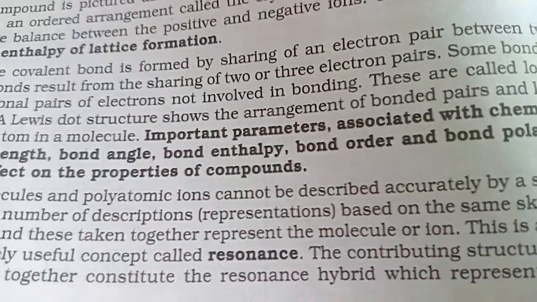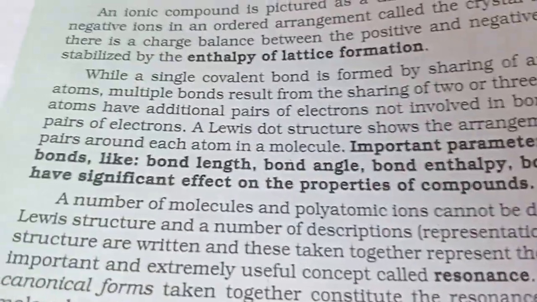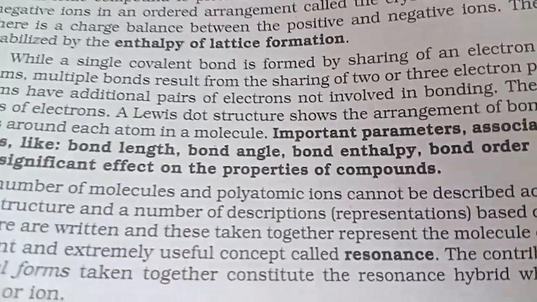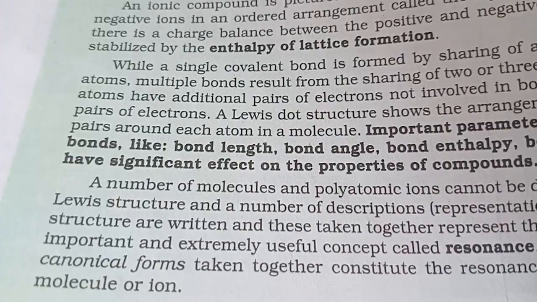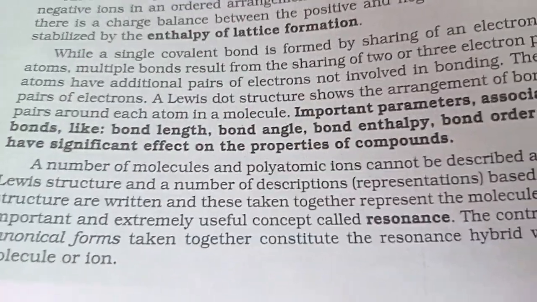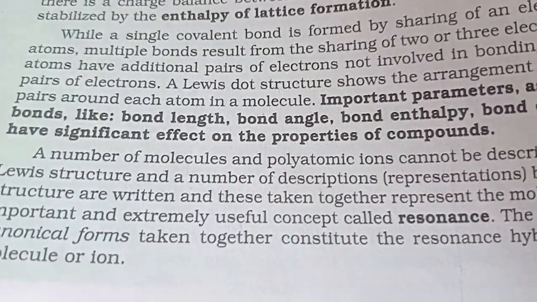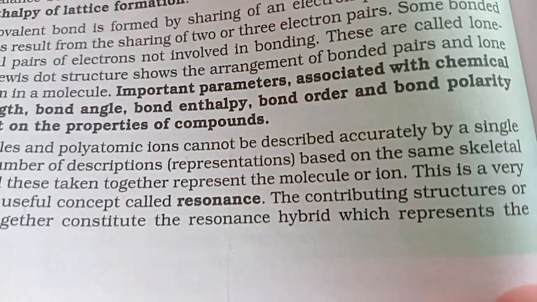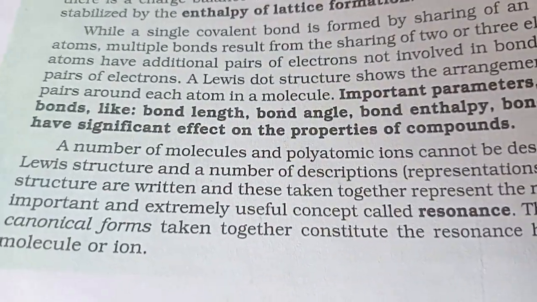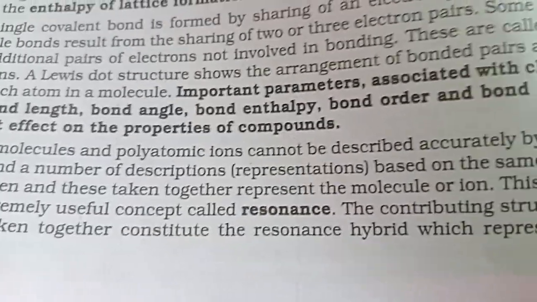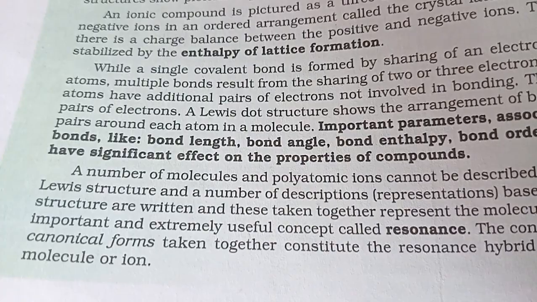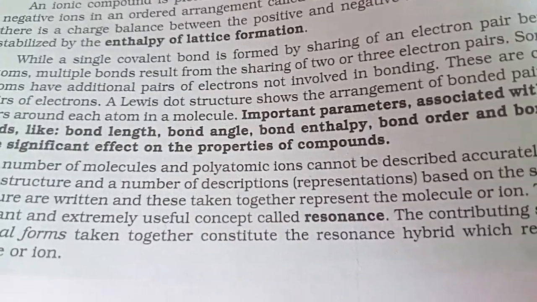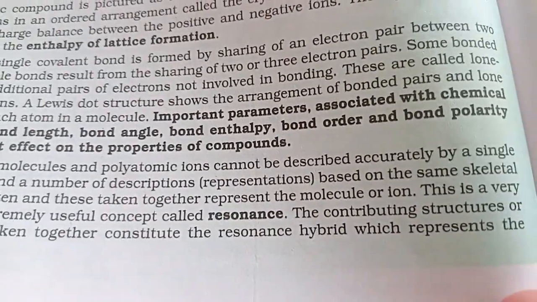Important parameters associated with chemical bonds, like bond length, bond angle, bond enthalpy, bond order, and bond polarity, have a significant effect on the properties of compounds. A number of molecules and polyatomic ions cannot be described accurately by a single Lewis structure, so a number of representations based on the same skeletal structure are written, and these taken together represent the molecule or ion.